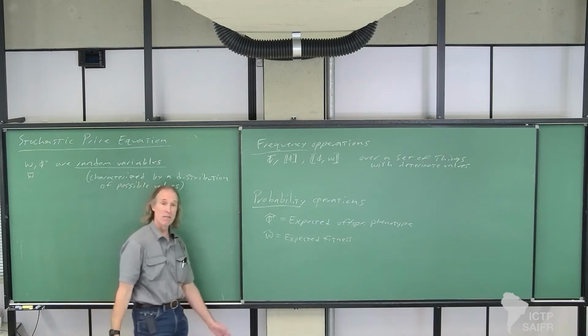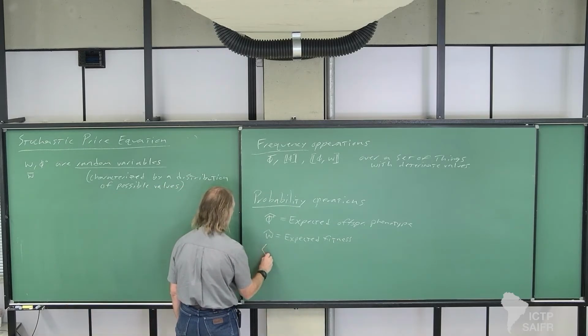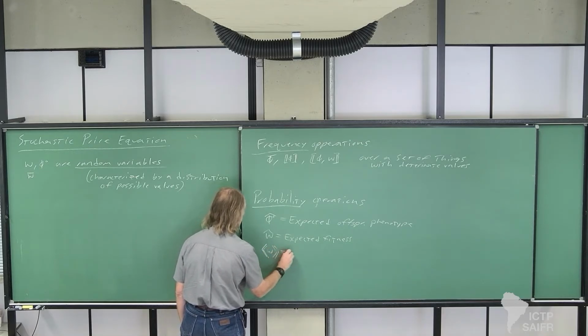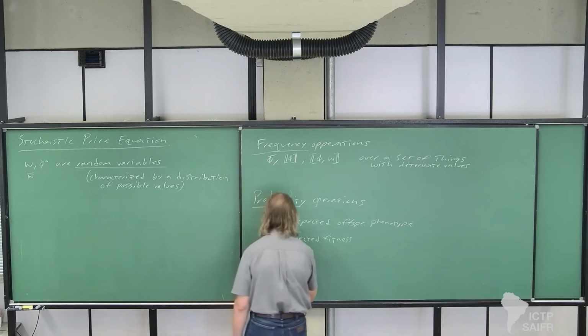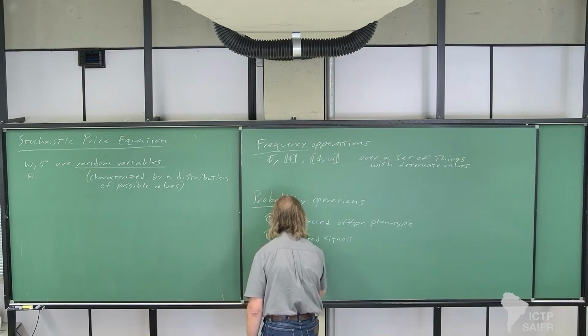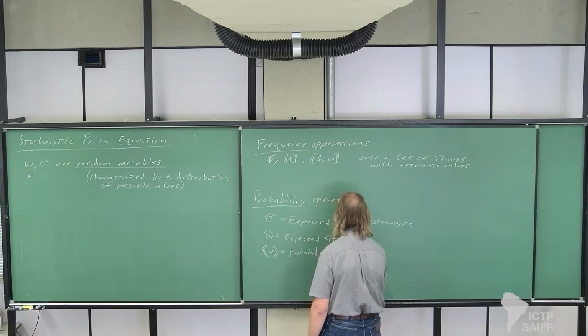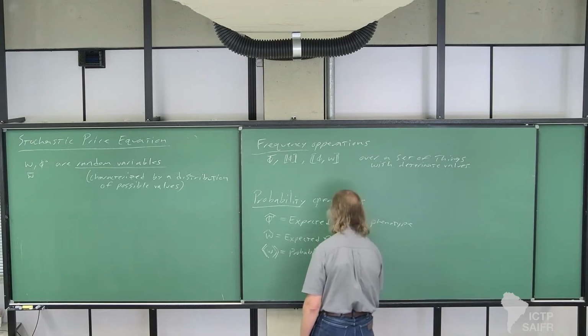So I want to talk about the variance in fitness. Use angles. W, that is probability variance in fitness.